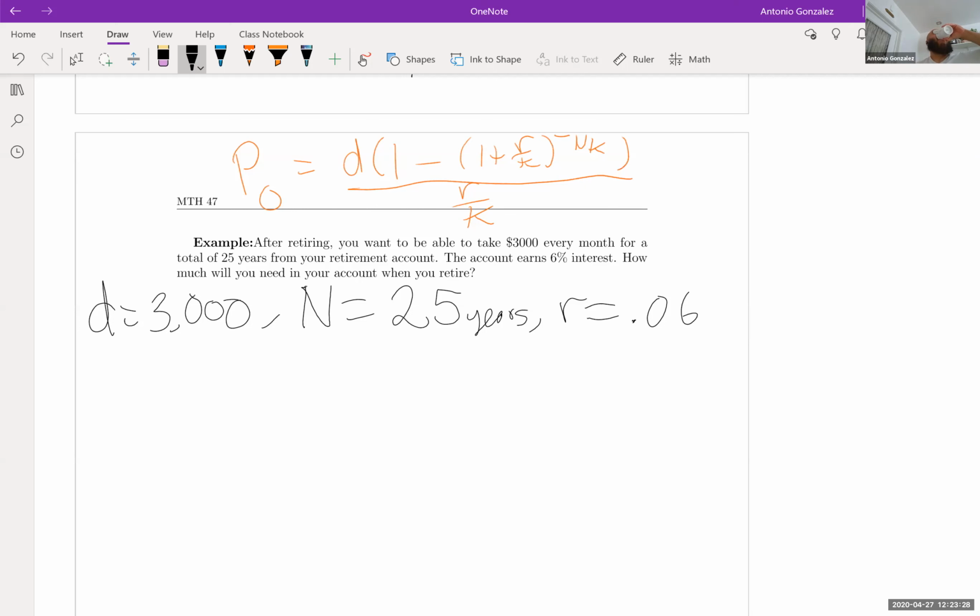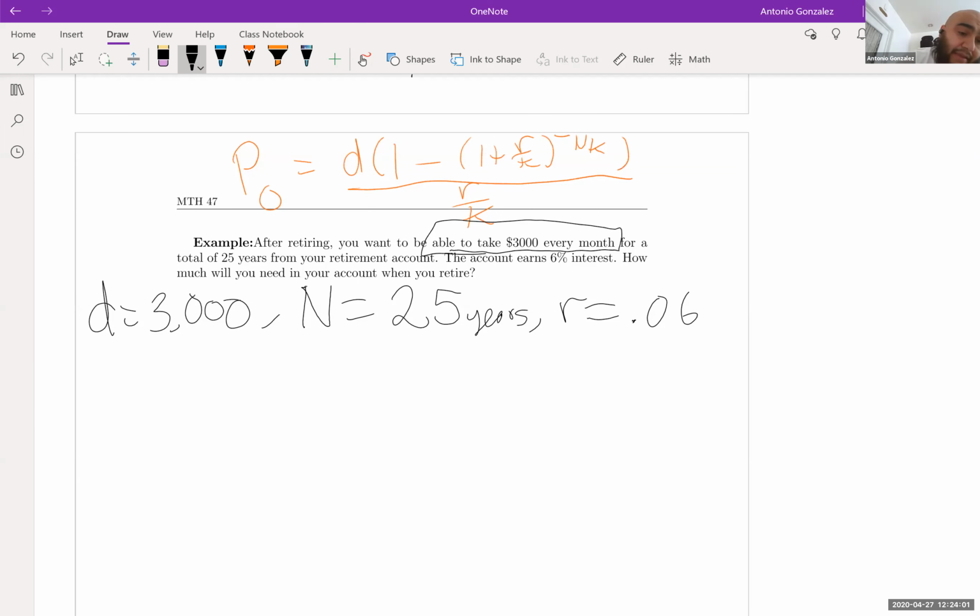Now, one thing that is not explicitly told to me here is what the value of K is. As a reminder, K is how often the interest is compounded. If it's not stated, and here it is not, we're going to make the assumption that how often I take out money is how often the interest is compounded.